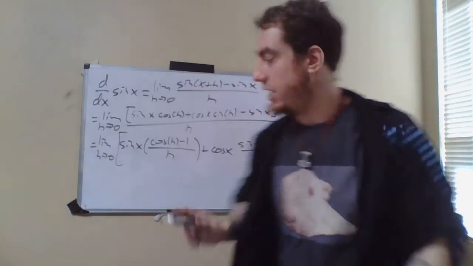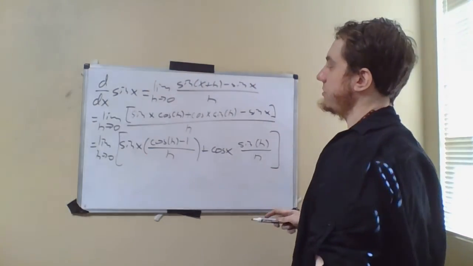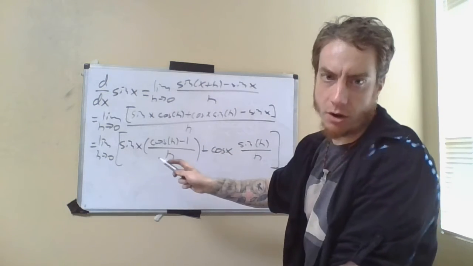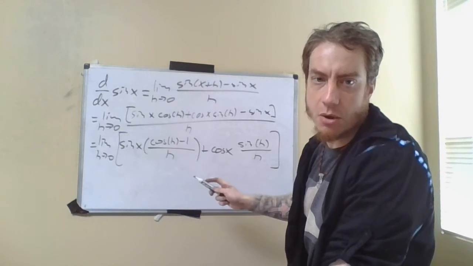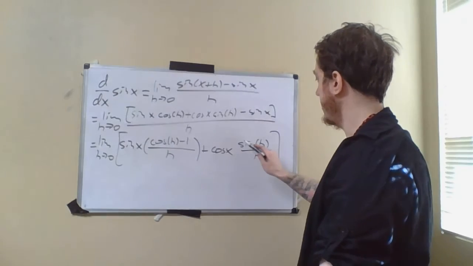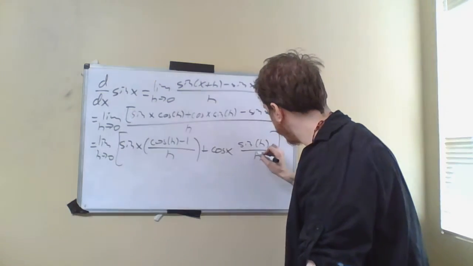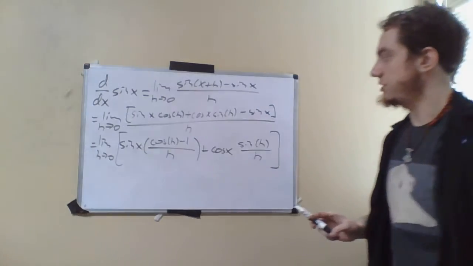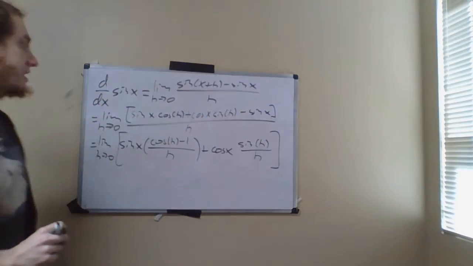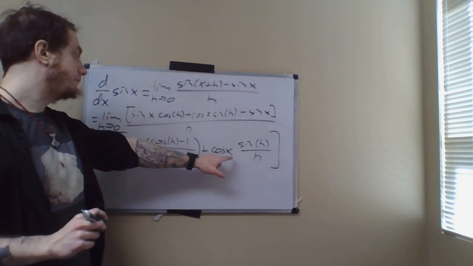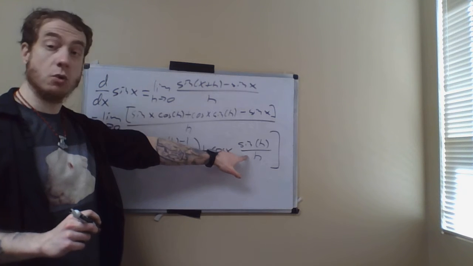So there we go. Now, the thing that we're going to have to work out is what happens in the limit as h goes to 0 with this term here, and then what happens to this limit of sine h over h as h goes to 0. Well, it turns out we can pretty much fix this just by looking at this one.